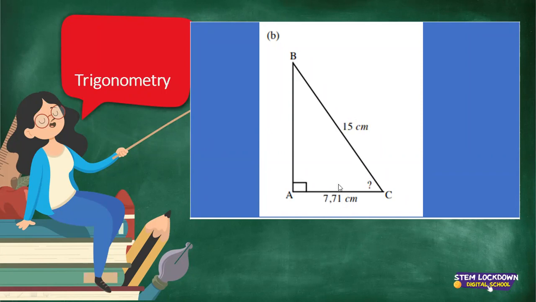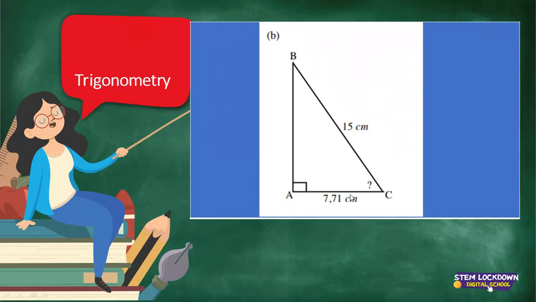So now we've got the adjacent and we've got the hypotenuse. What trig ratio has adjacent and hypotenuse? It is cos. So we say cos of theta equals adjacent over hypotenuse. So cos theta equals 7.71 centimeters divided by 15 centimeters.